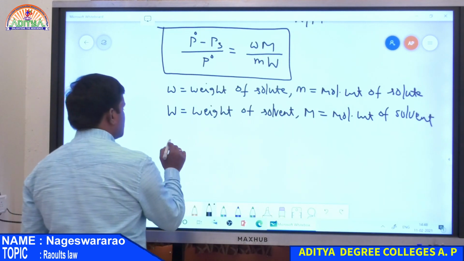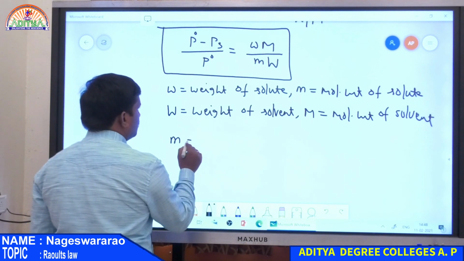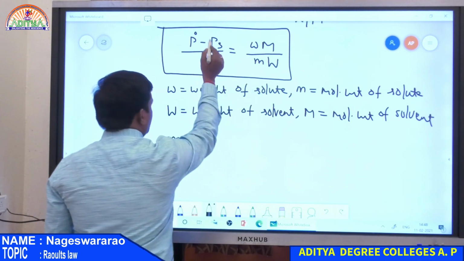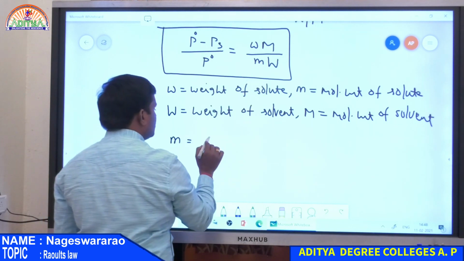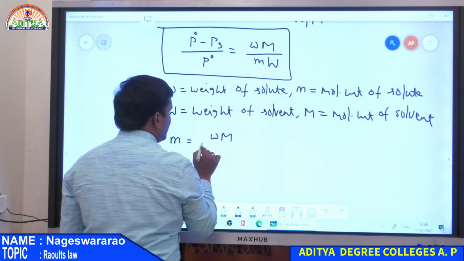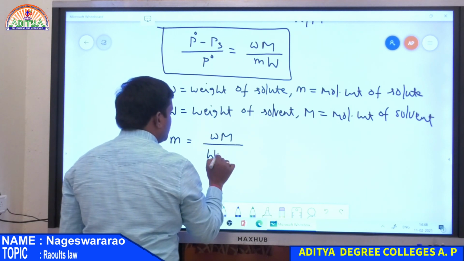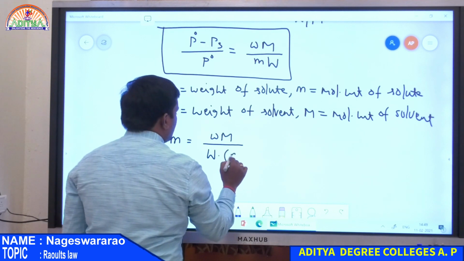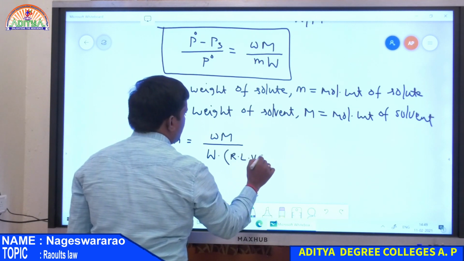Therefore, from this equation small m is equal to, taking this term to the right hand side and this term to the left hand side, you get small w into capital M divided by capital W into P naught minus Ps by P naught, that is simply RLVP.